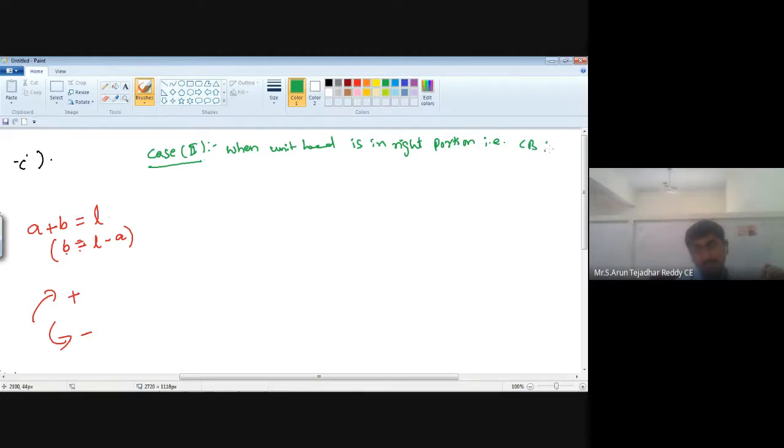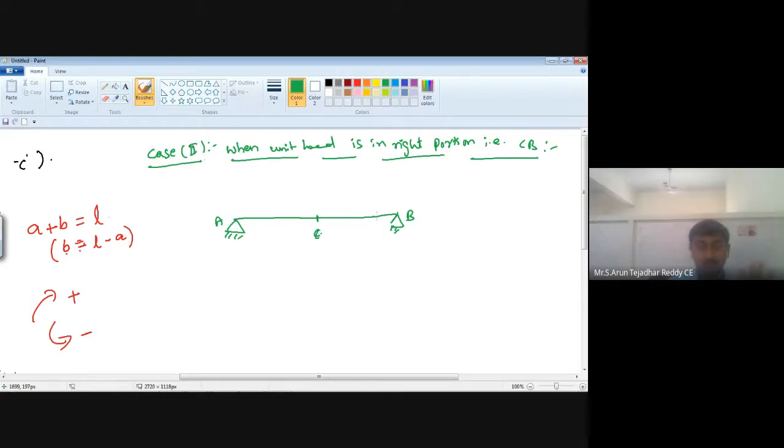CB. This is our right portion. When the unit load is in the right portion, that is CB. Now draw the diagram: A, B, and here it is C.